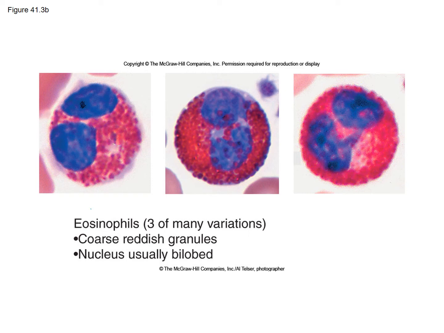This is the eosinophil or the acidophil again. Because of the acidic dye, it takes the red color here. It has coarse reddish granules, and the nucleus is usually bilobed, which means it has 2 lobes, 2 parts. So the nucleus always has 2 parts.